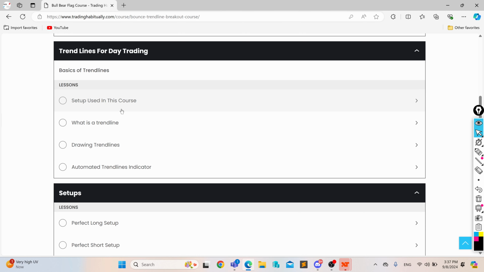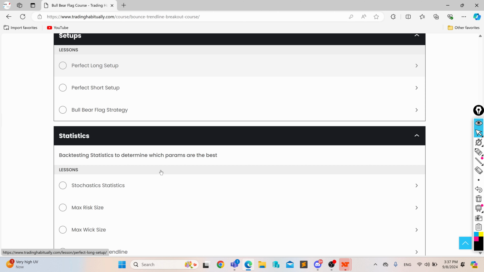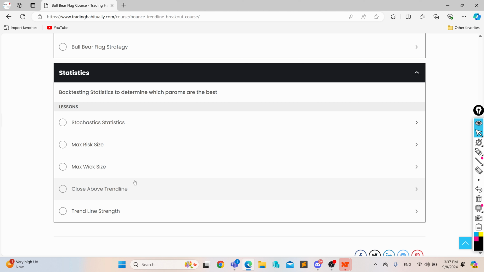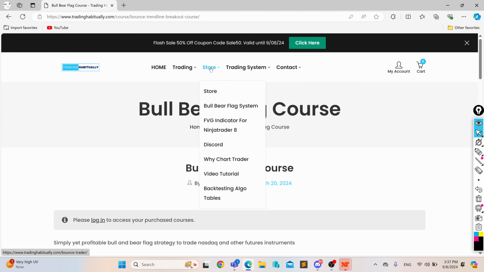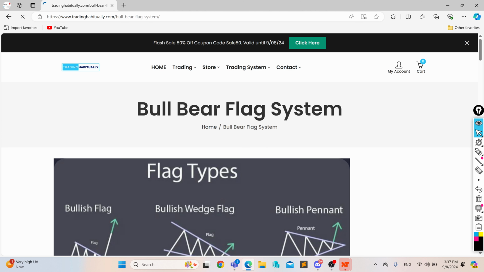It has setups, trend lines, and long and short setups. It has some statistics. These statistics are not taken out of the blue, they're taken out of the algo, so they're educated statistics, so to say. But let's talk about the algo.